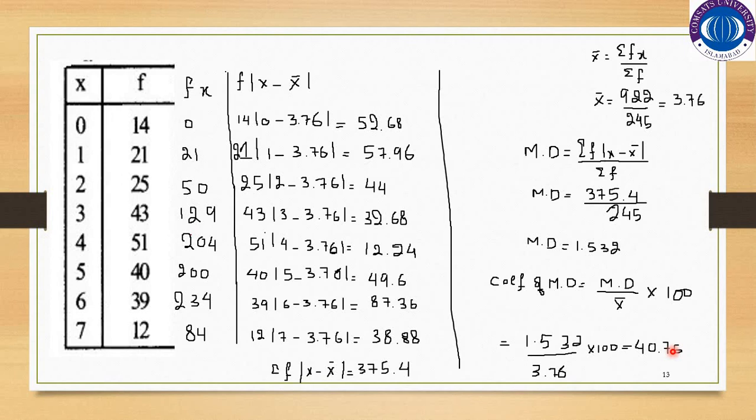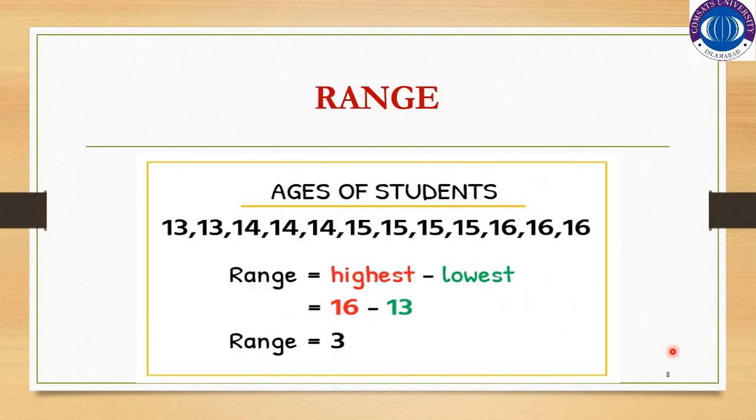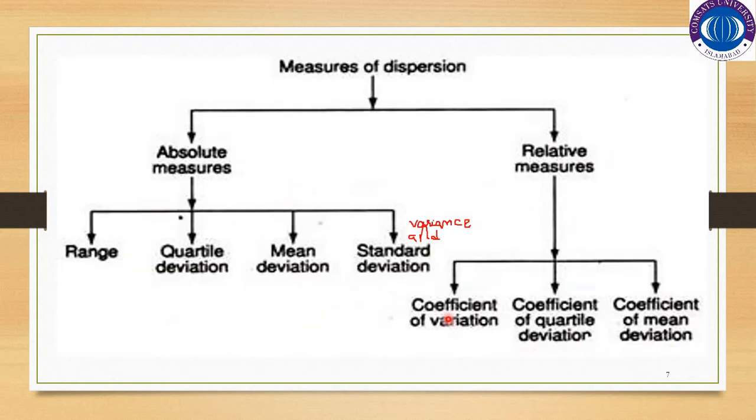So what we have learned in this lecture is what a measure of dispersion is and what the types of measure of dispersion are. As you can see from this slide, absolute measure of dispersion, relative measure of dispersion, we are now able to find out the range, quartile deviation and mean deviation.